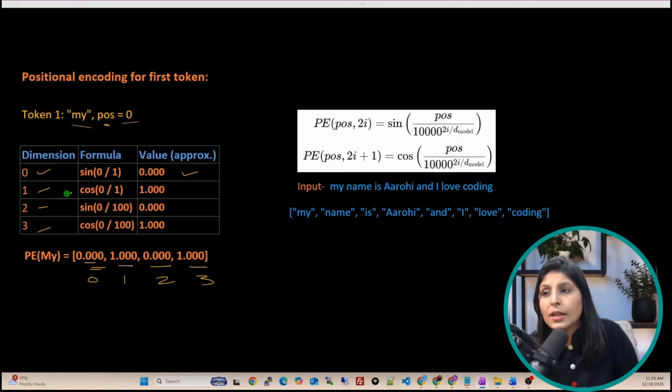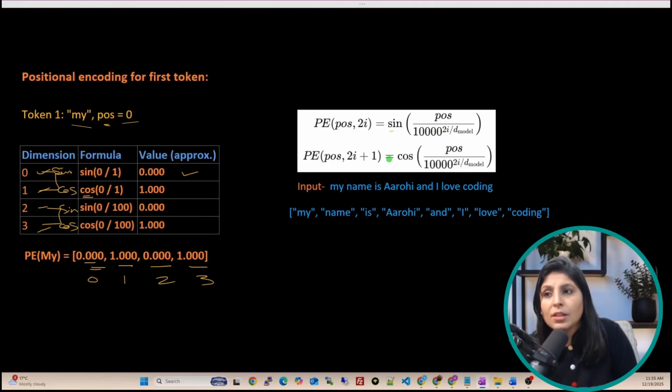Okay, and then we are using the cos formula. I've told you that we are going to use it in a pair. So these two dimensions are one pair, these two dimensions are one pair. So for even index, you are going to use the sine formula. For odd index, you are going to use the cos formula. In the same way, sine formula here and the cos formula over here.